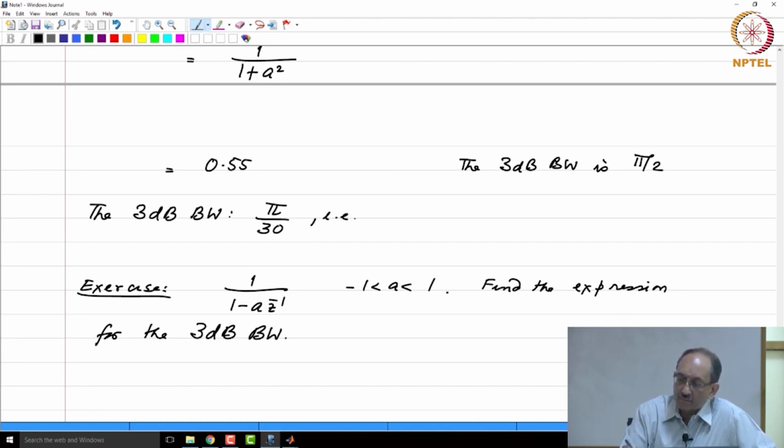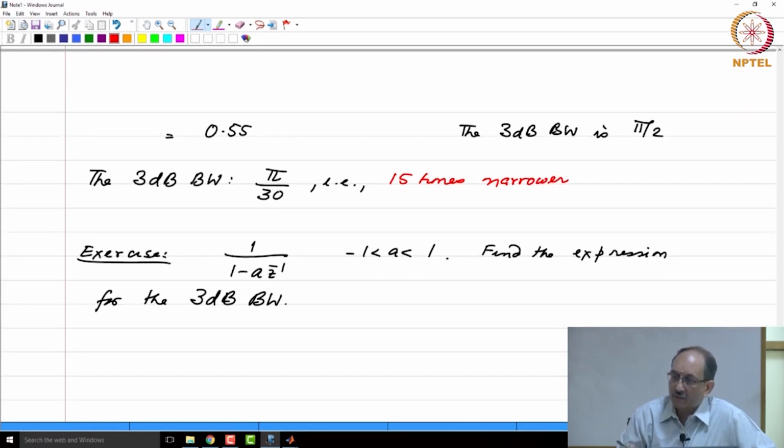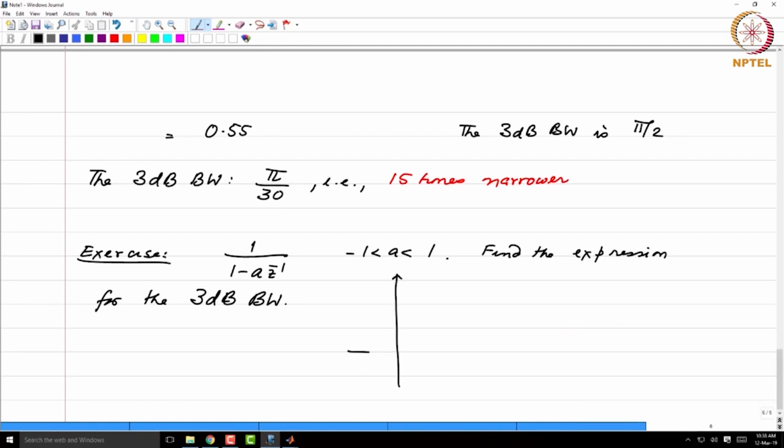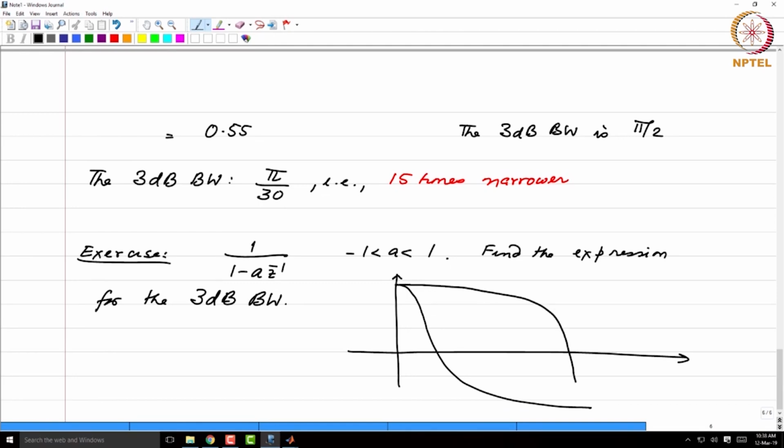So, this is 15 times narrower, and this is also along expected lines, because for the single complex pole, the rough frequency response is like this, whereas for a low pass filter generated using a single complex zero, the response will be like this. And clearly you can see the difference in the bandwidth.